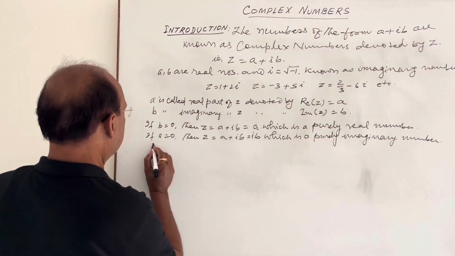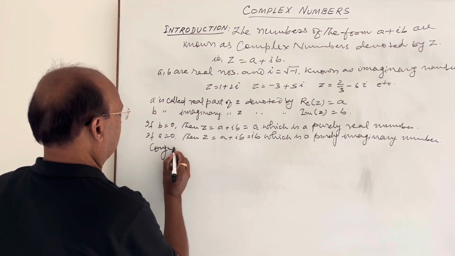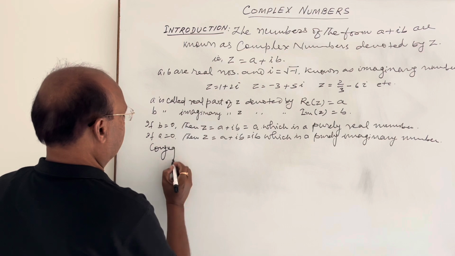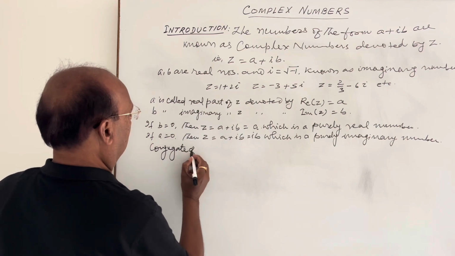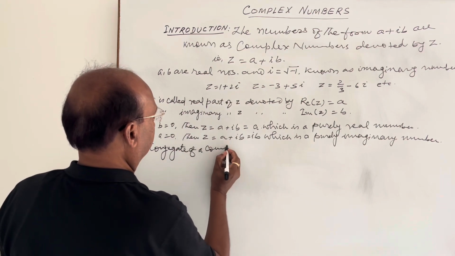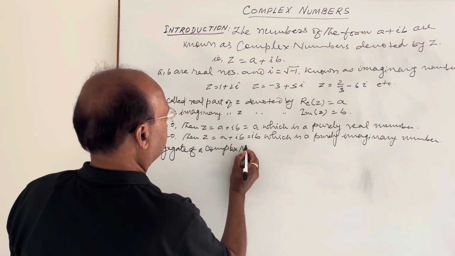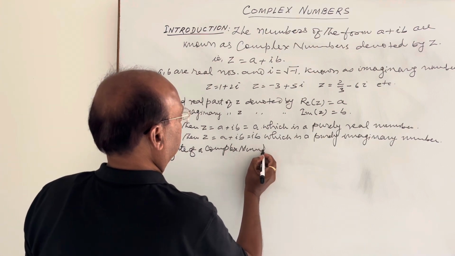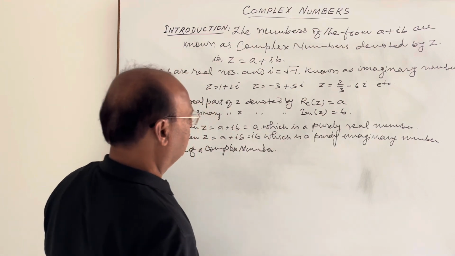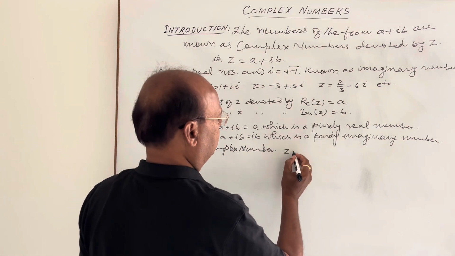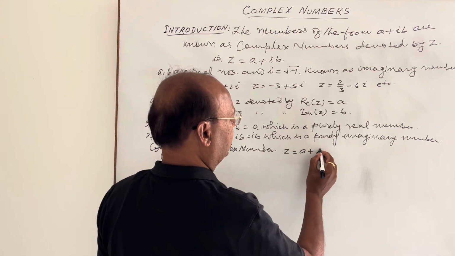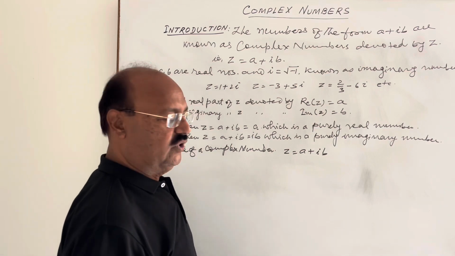Now let us discuss conjugate of a complex number. Okay. Suppose Z is equal to a plus ib. This is a complex number here.